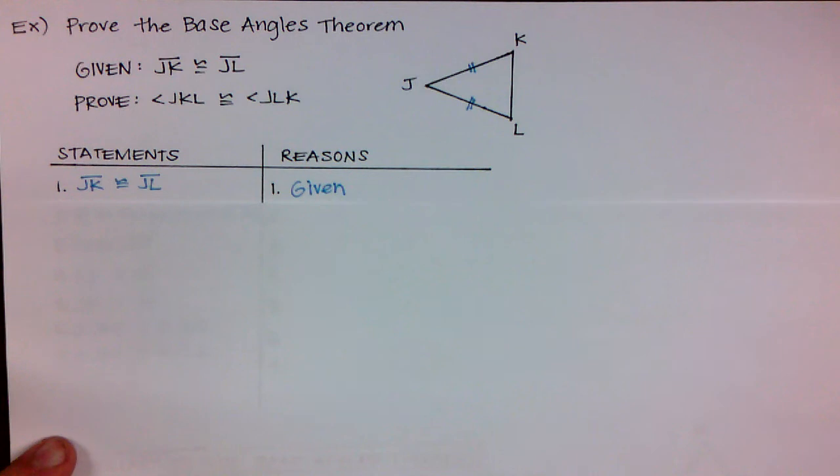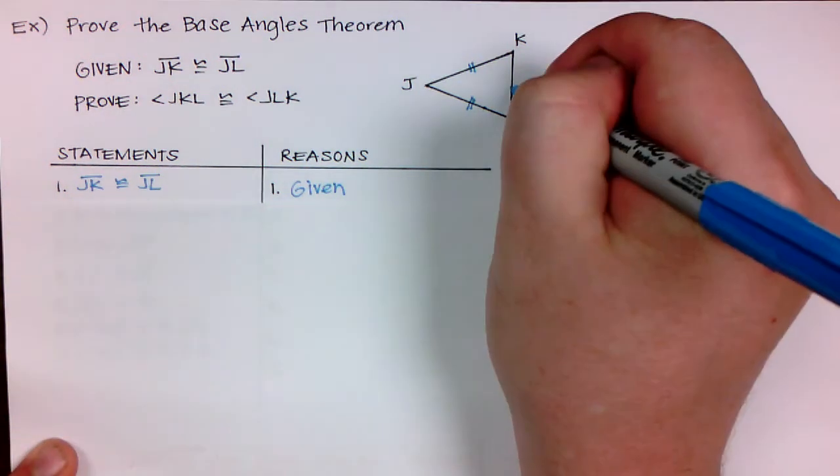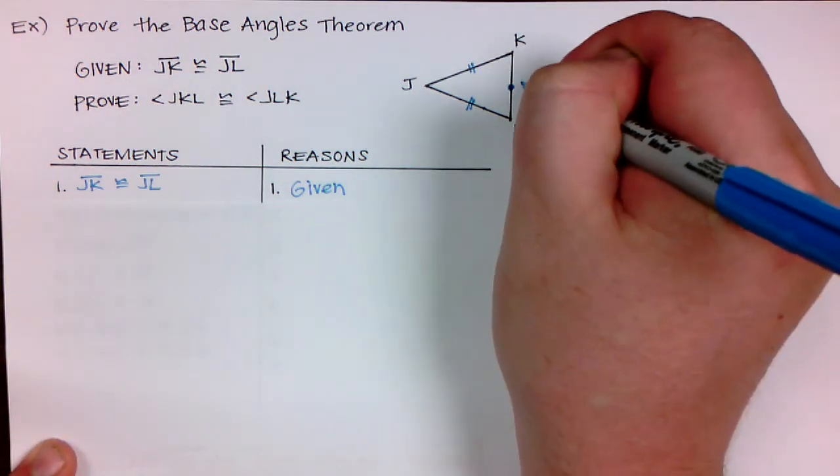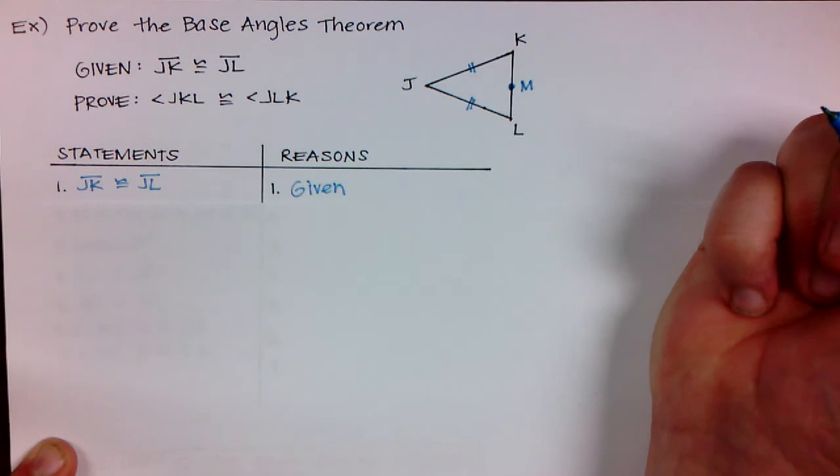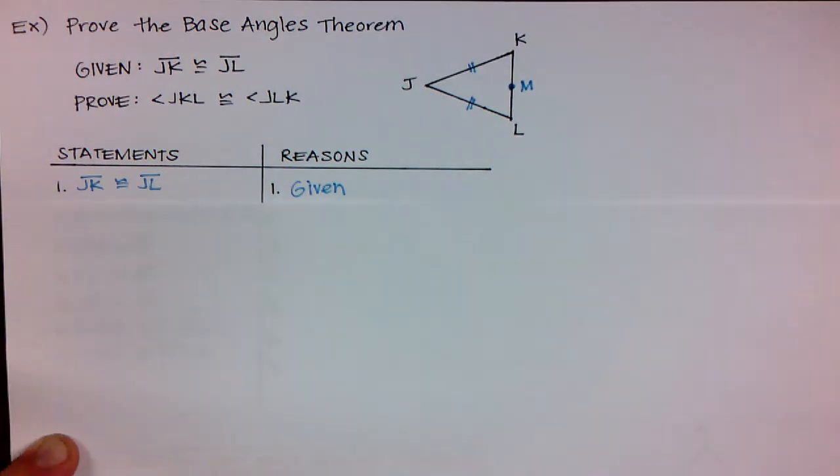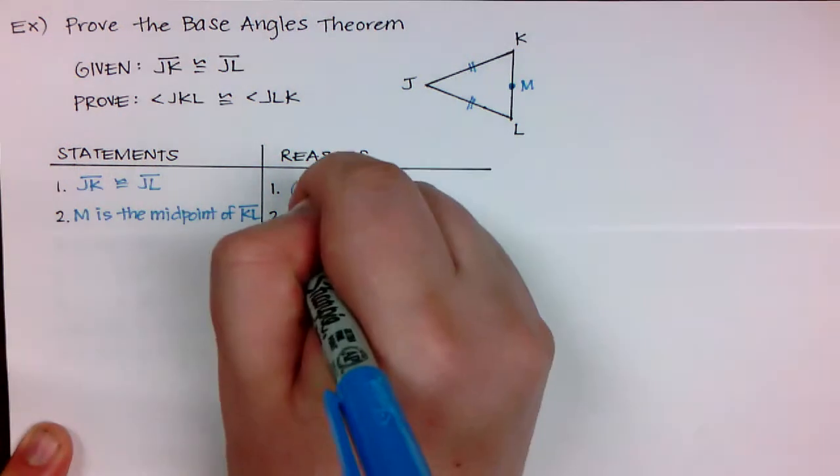After that, I'm going to do something on here, and I'm going to draw this point M, which is going to be the midpoint of KL. Okay, so M, I'm going to just draw as the midpoint of KL. This is the definition of midpoint.